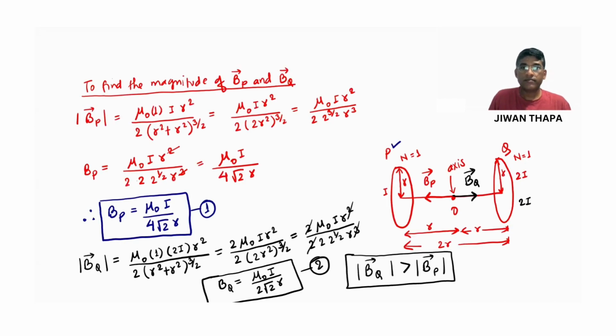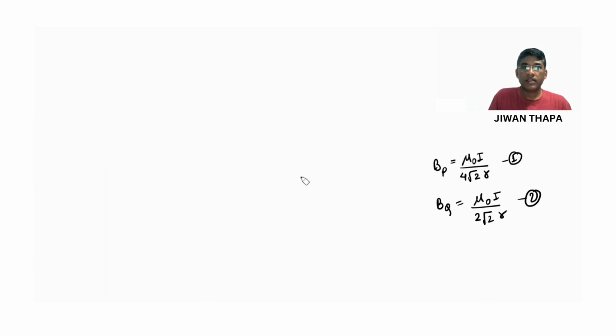Let's see. BQ is mu naught I by 2 under root 2 R and BP is mu naught I by 4 under root 2 R. So we have this. And what we find, okay, is that BQ and BP, they are acting in opposite direction, okay?